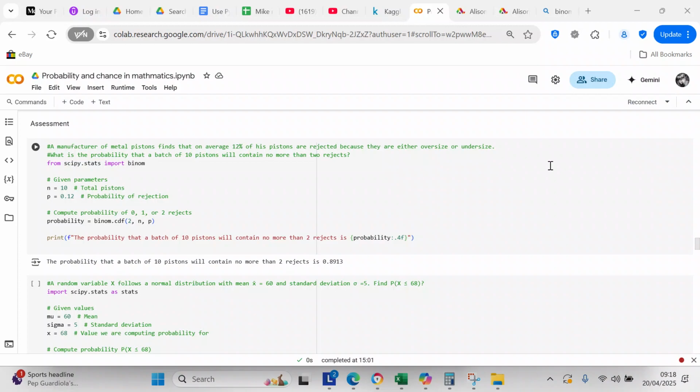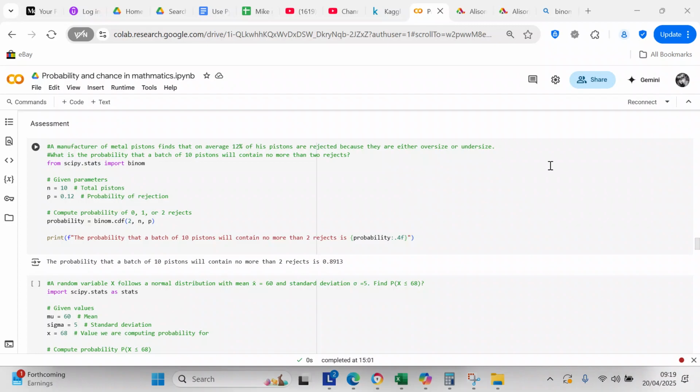When we go over the assessment questions, you'll notice that they are not the same as what was covered in Module 1 and Module 2. But fortunately, I was able to take the questions and convert them to Python, and I've also converted them to Excel, so I'll be making videos on Excel as well.